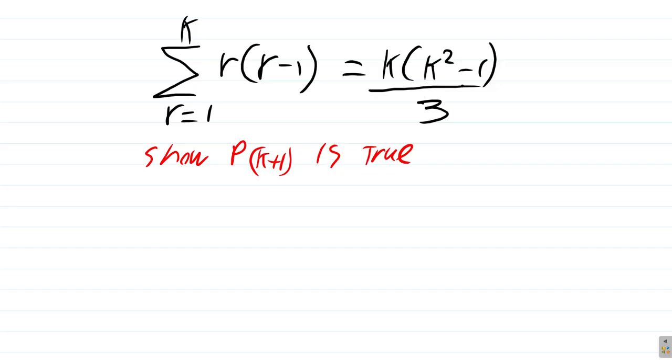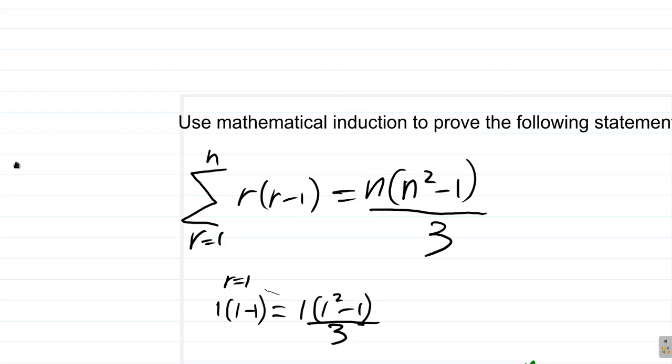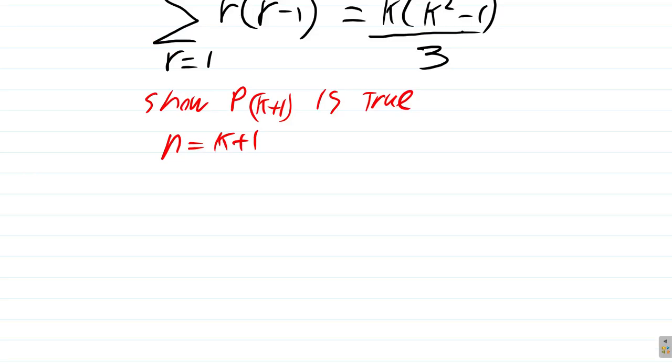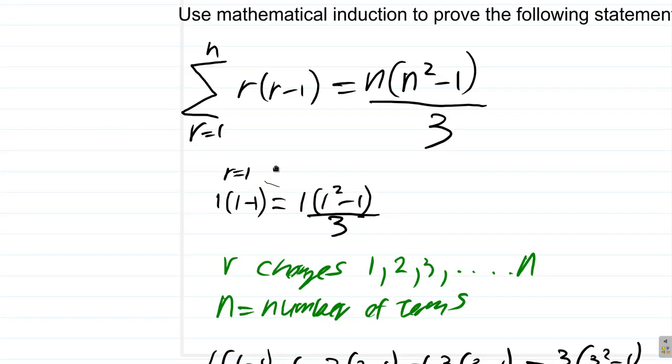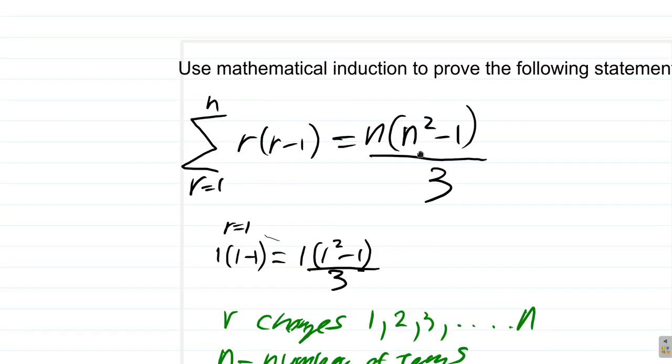So in this, n is equal to k plus 1. So let's see how it goes now. The sum from r equals 1 to k plus 1 of r minus 1 equals, now remember, n is k plus 1, so we're going to change n to k plus 1.